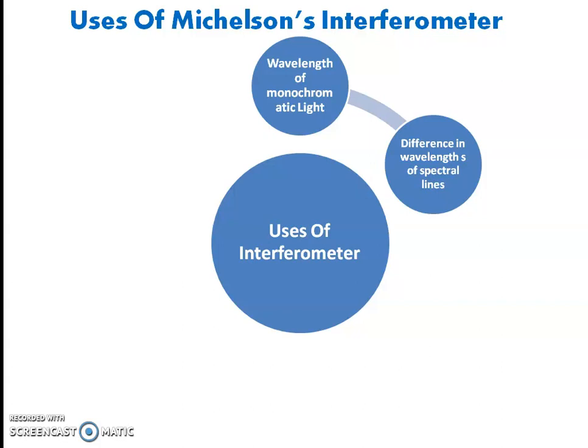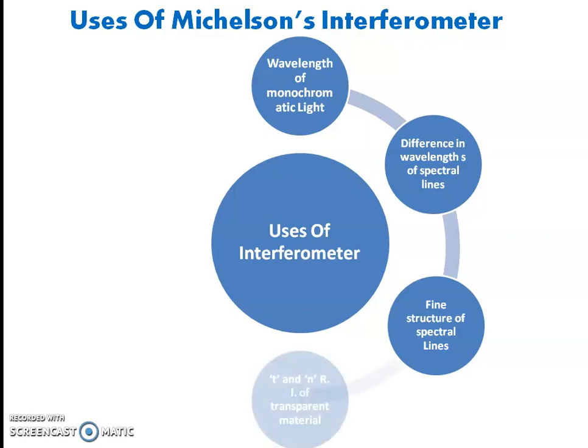Second, it is used to determine the difference in wavelengths of spectral lines. Third, it is also used to determine the fine structure of spectral lines. Then it is also used to determine the thickness and refractive index of transparent material.